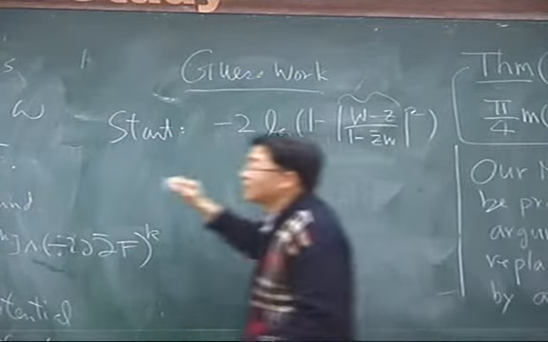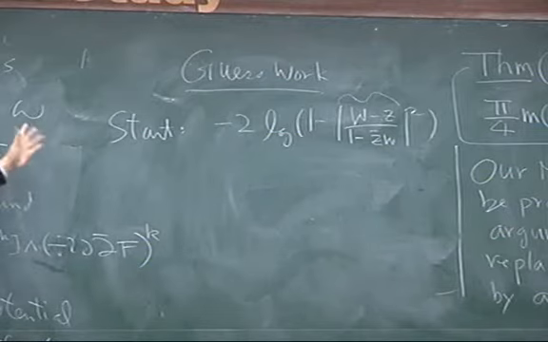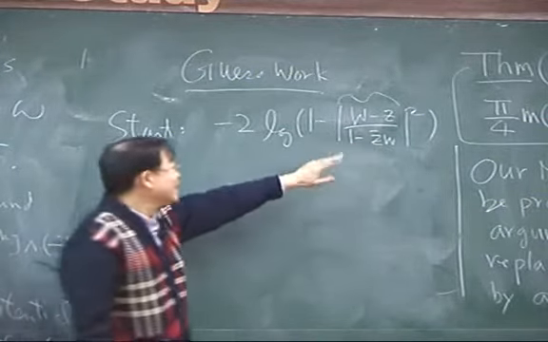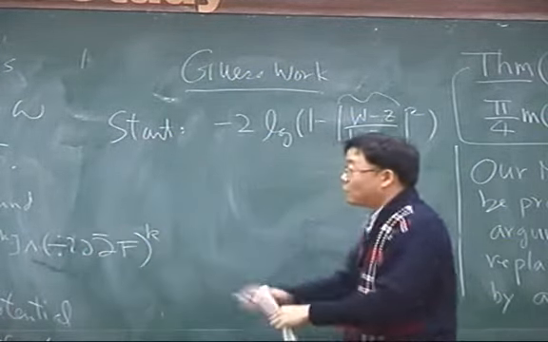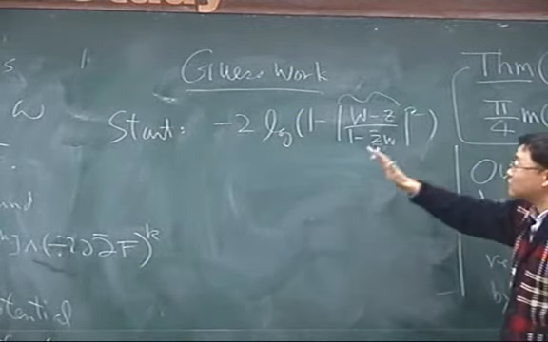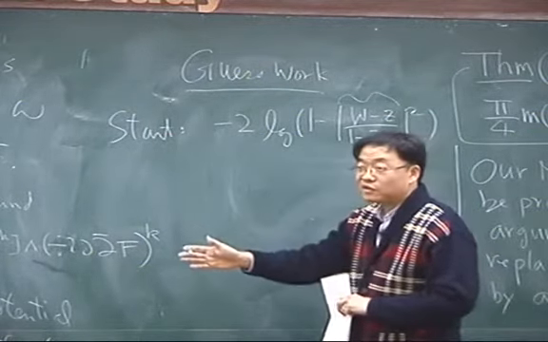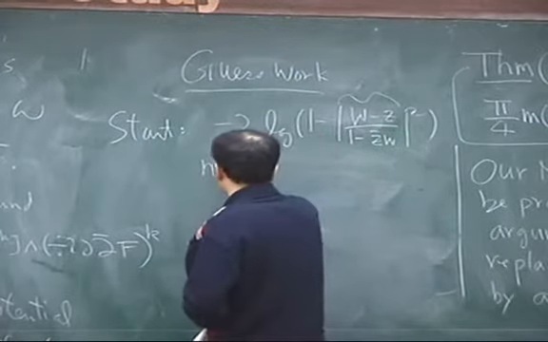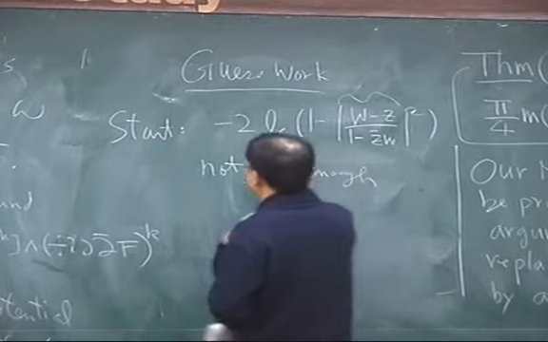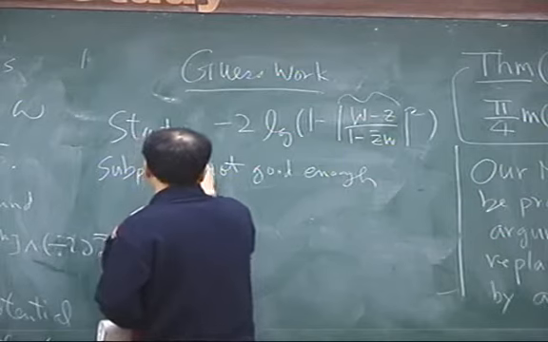So we guess that the subpotential must be some kind of function of this distance from the diagonal. And then from the form of the metric omega, we guess this must be a good subpotential. It turns out that this is a subpotential. But it's not good enough. It does not give our inequality.